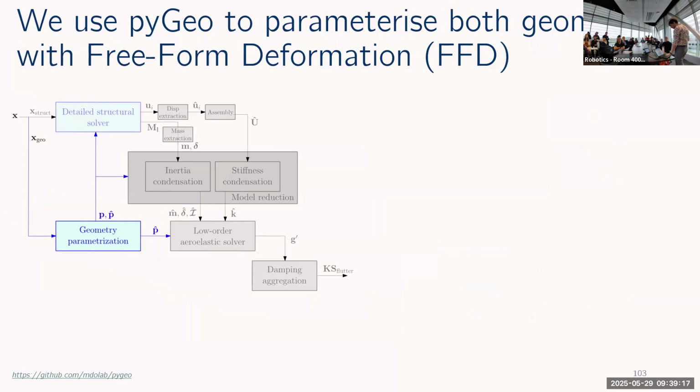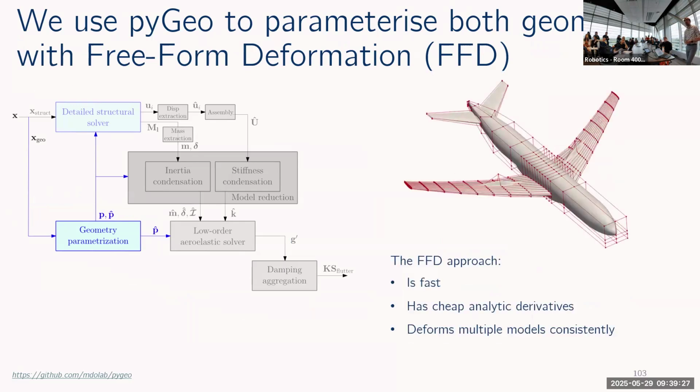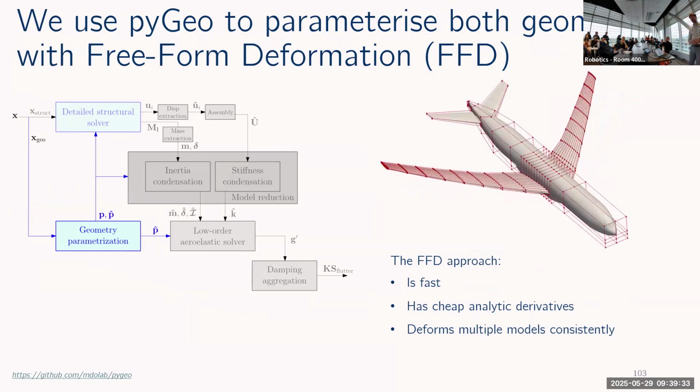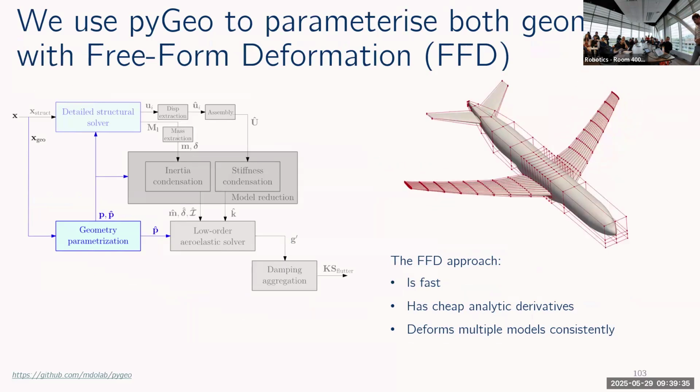In the dissertation, I go through all the details of how this process works. But mainly what my work was focused on is adding a geometric parameterization to this framework so that we can optimize the wing shape and structure at the same time. For that, I'm using the freeform deformation approach, the same approach that I showed in the last section.